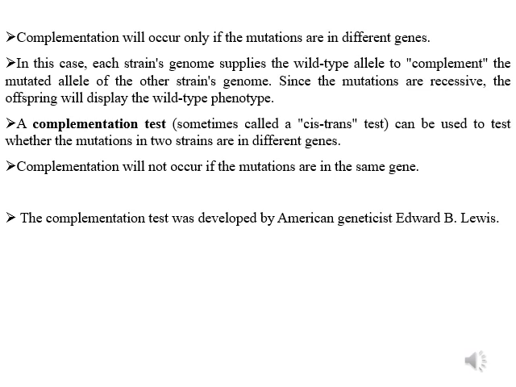So in the harebell plant, it was very clear, although there was one mutant allele, the one wild type allele which was supplied by one particular parent complemented that mutated allele. Therefore, since the mutations were recessive in the parents, the offspring were able to display the wild type phenotype.